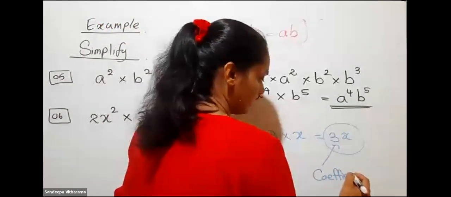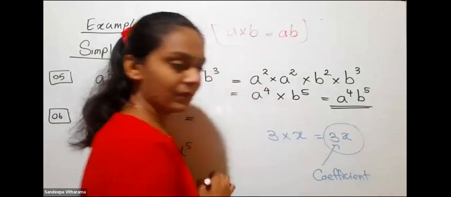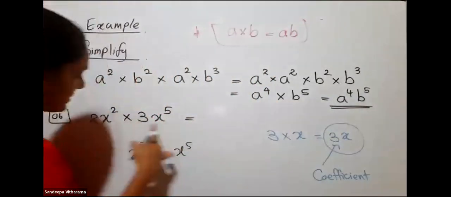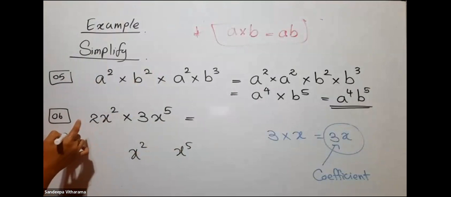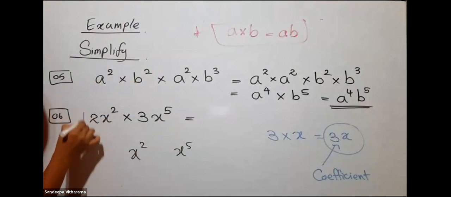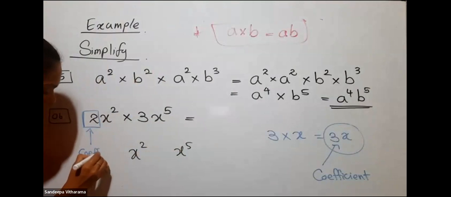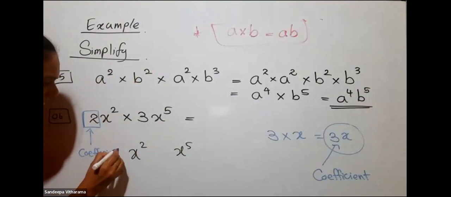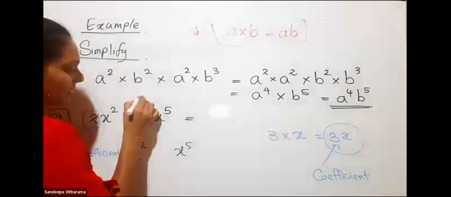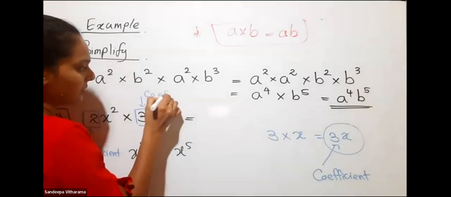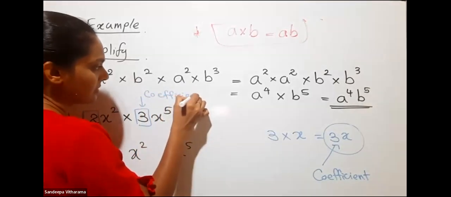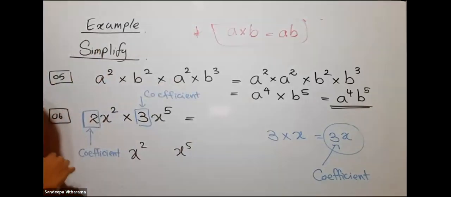We should know these words. This is coefficient. Likewise, in this case also, here 2 is the coefficient. අපි දෙකට කියනවා මොකක්ද? coefficient එකක් කියලා. And for 3, it is called the coefficient. අපි මේකට කියනවා coefficient එකක් කියලා.